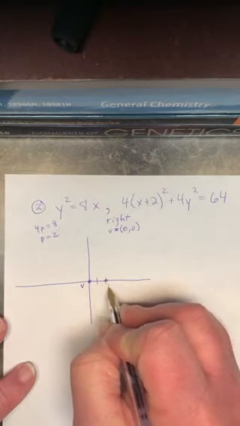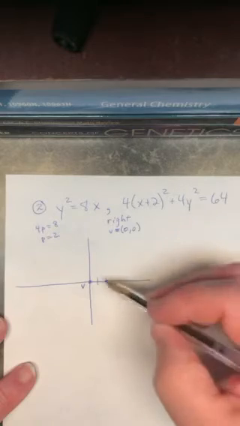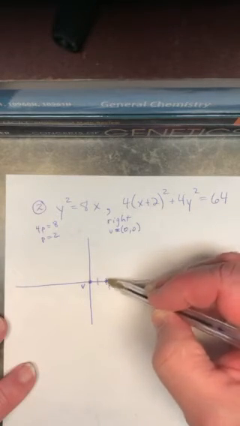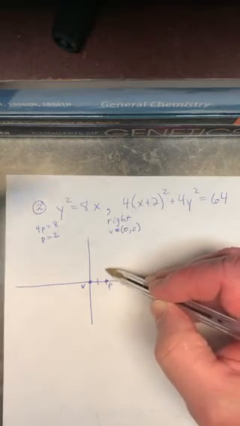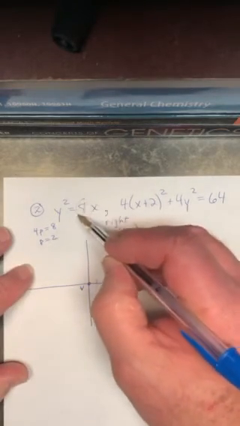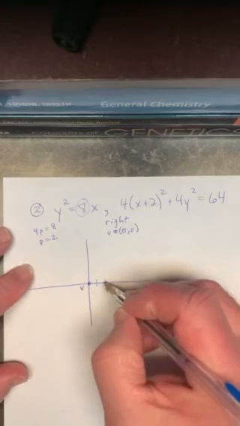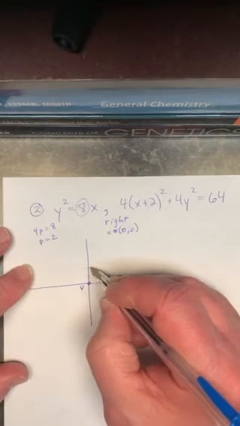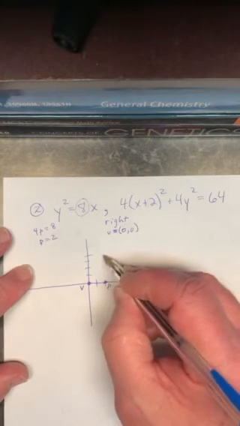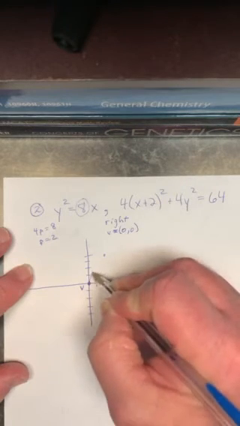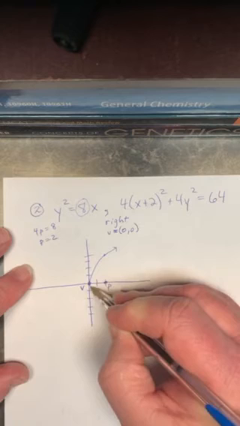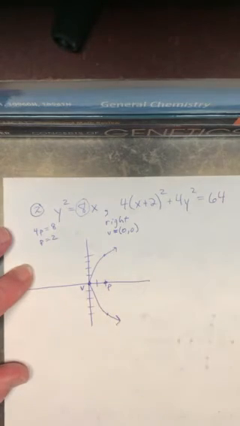There's the important point. And there's an imaginary line going through there indicating how wide this parabola is. And that line is a total of 8, isn't it? So I'm going to go up 4 from that important point and down 4. And I'm going to connect them up. And I've got my parabola.